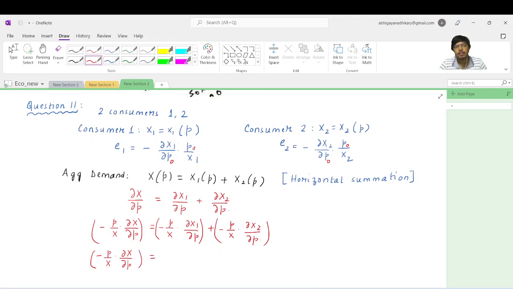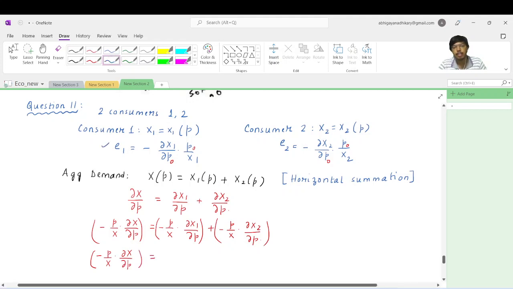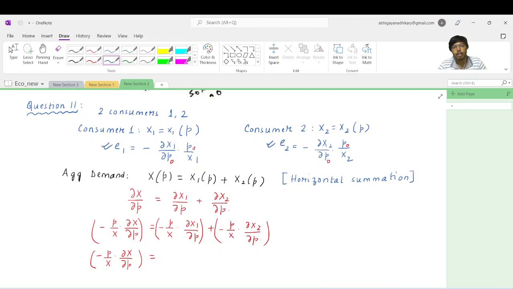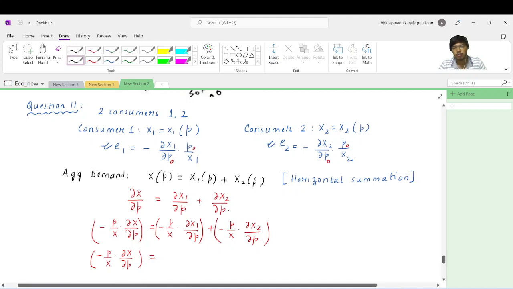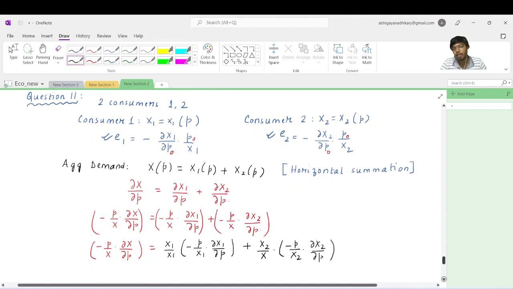Now, since I want to express it in terms of E1 and E2, I need to do some manipulation. I can multiply and divide by x1, so this becomes minus p by x1 del x1 by del p, and similarly I can multiply and divide by x2, so that becomes minus p by x2 del x2 by del p.